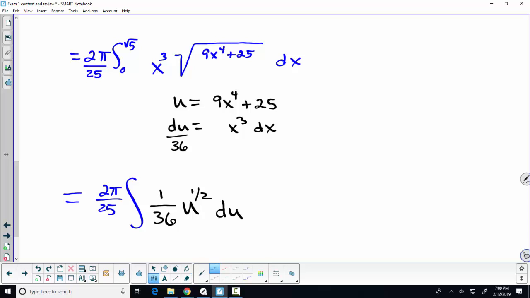And our bounds, like we said: x is 0, u is 0 plus 25, which is 25. And what was the other one, 250? Root 5 to the 4th times 9 plus 25, it's like 25 times 9 plus 25.